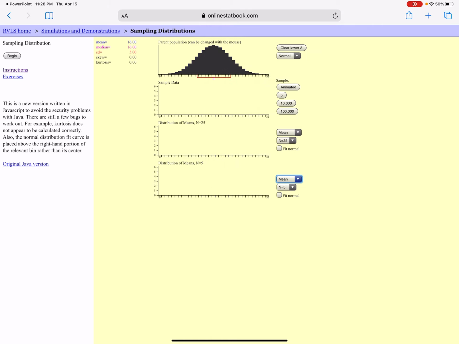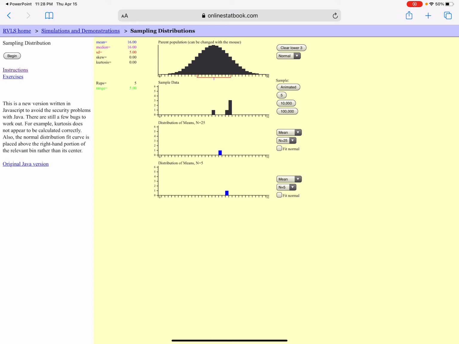So what this applet's going to do is it's going to animate the process of taking a sample of 25, calculating the mean, and then plotting that mean. So it's taking a random sample of 25 data points from the population, calculating the mean, and then plotting that mean. And it's doing the same thing for size 5.